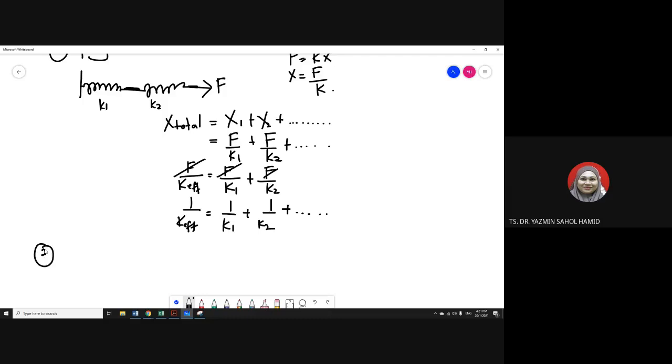Now we want to look at spring in parallel because it's different from spring in series. Understand this first, and later we will do two examples so you will understand better.